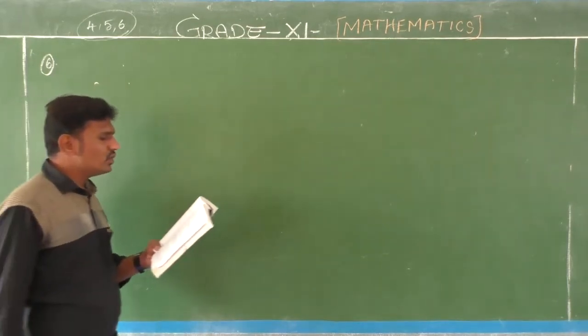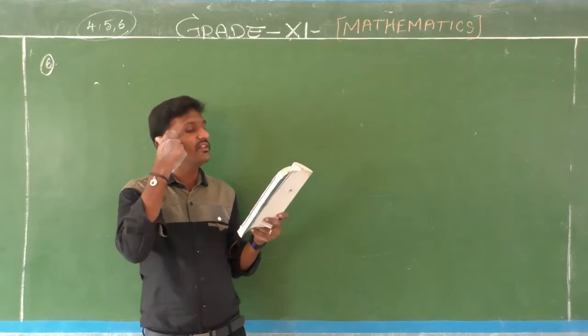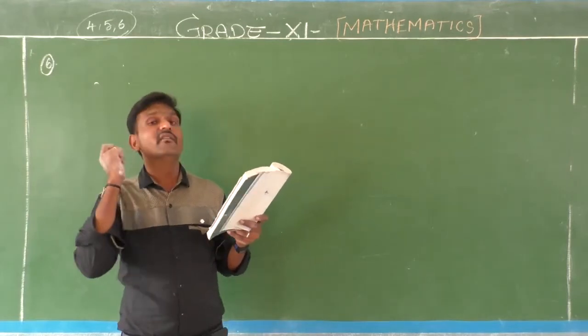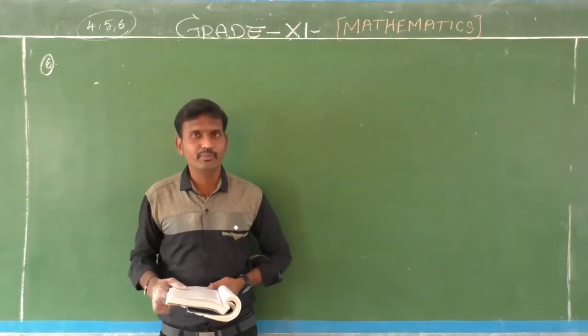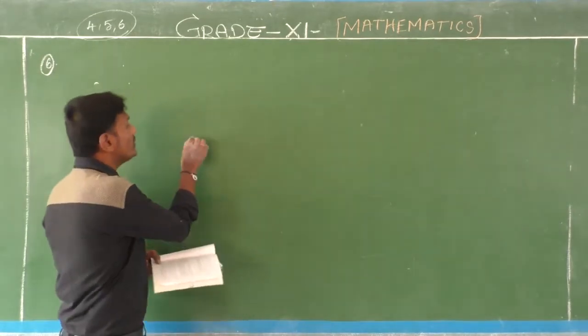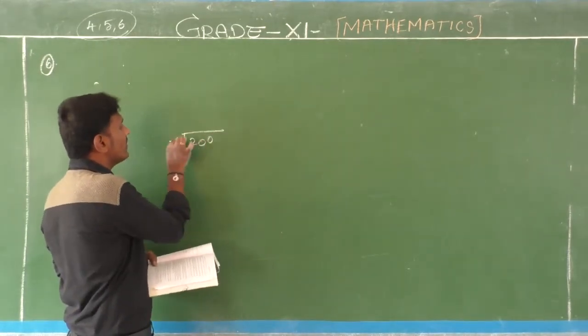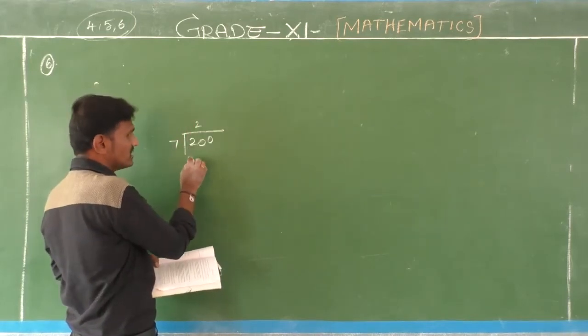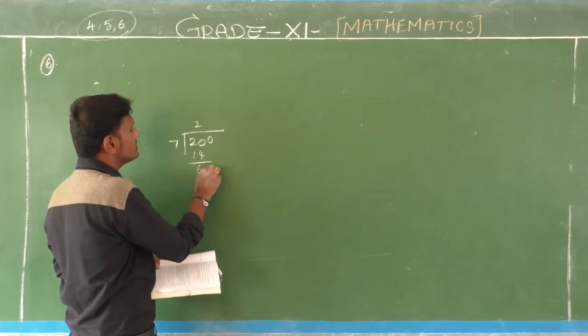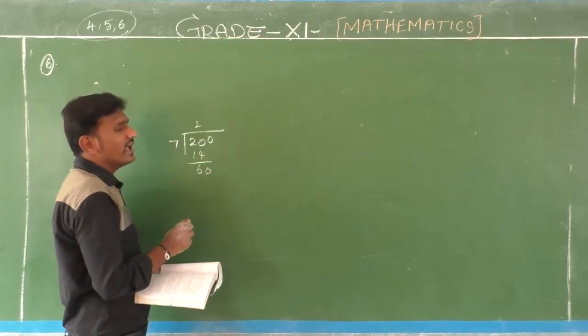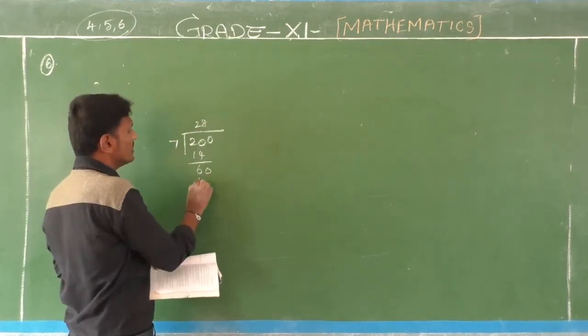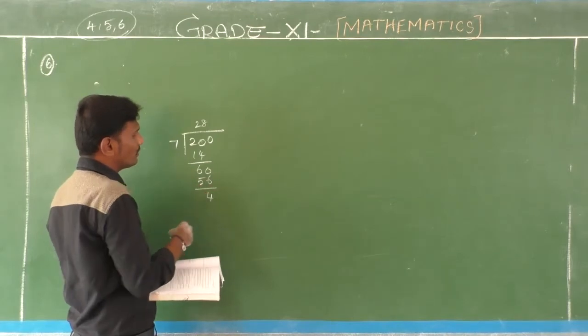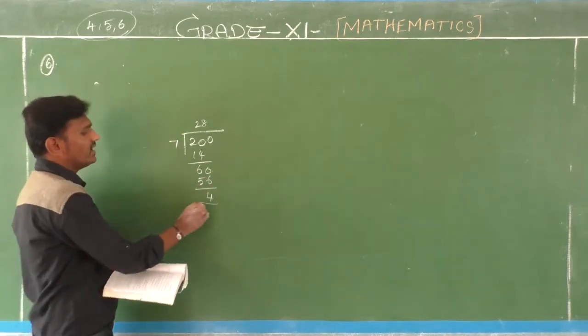Okay. So the fourth question: find the sum of all numbers between 200 and 400 which are divisible by 7. Already I told you how to find it: 200 divided by 7. 7 2s are 14, remainder 6, 0. Then 8 7s are 56, remainder 4. So the remainder is 4.